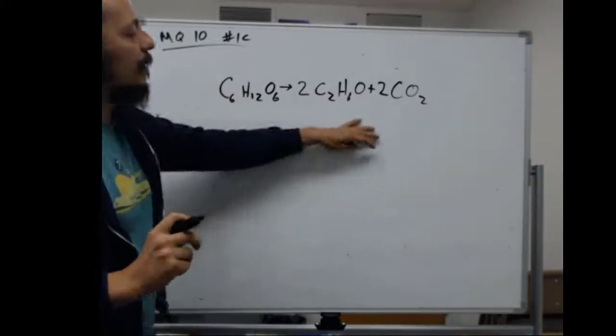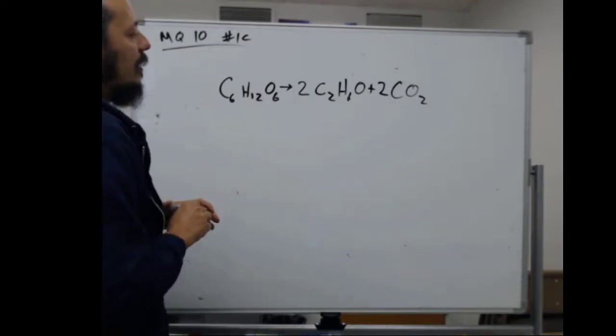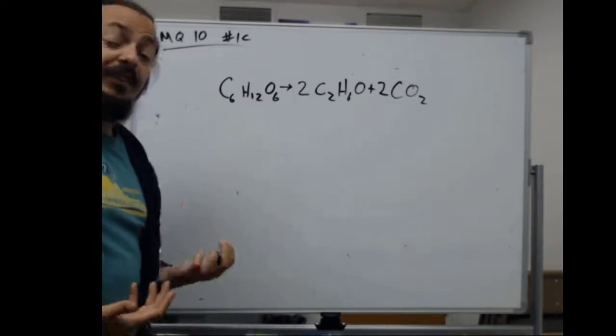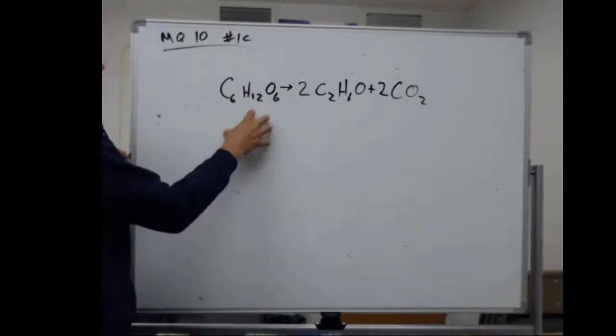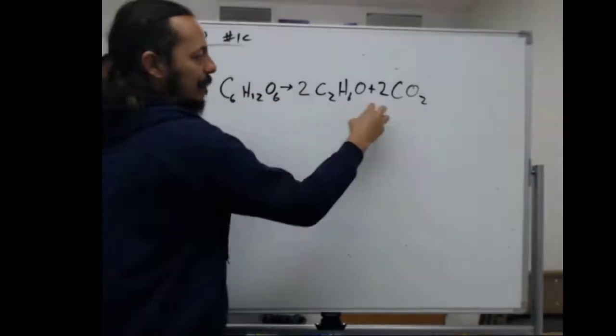Now, in terms of how we interpret this, the previous problems had some amount of reactant, and you figured out how much product was made. So when we start thinking about this, I think about chemical reactions almost as recipes. And what this is telling us is, if I have this amount of ingredients, I can make these things.